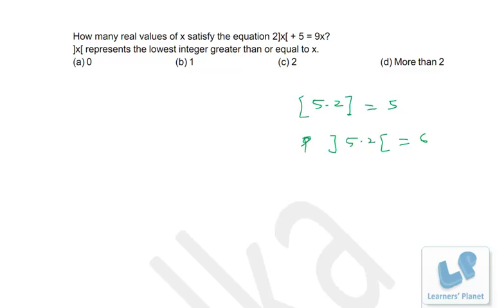Or we can say this is the greatest integer less than this, and this is the least integer greater than this, right? Least integer greater than this. Be very careful about it, right? So suppose I have a number, say 5.2, it can be written as 5 plus 0.2, right? So this is x, then this is the integer part plus this is the fractional part, or I can say it is I plus f.